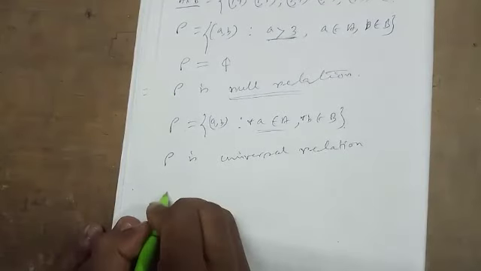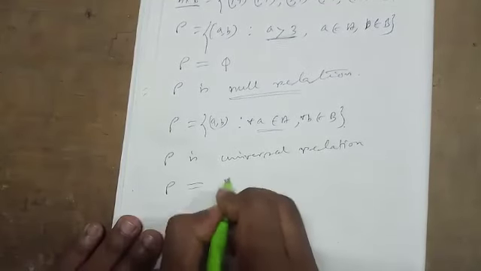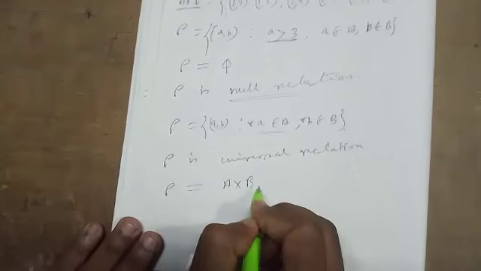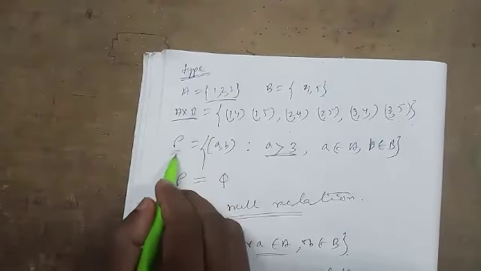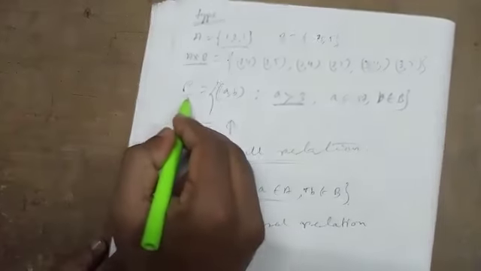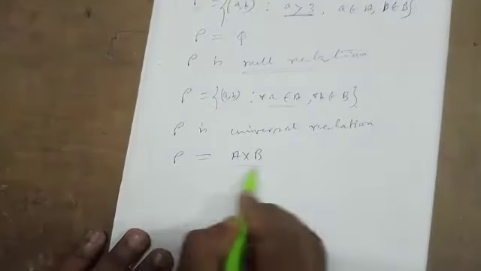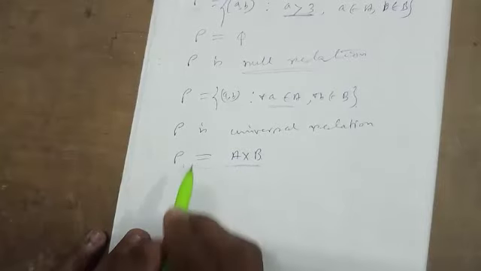That means rho equals A cross B. Rho is always a subset of A cross B. When rho equals A cross B, it is called the universal relation.